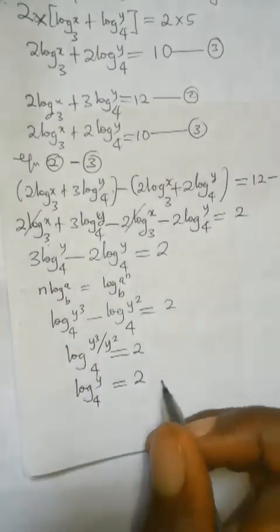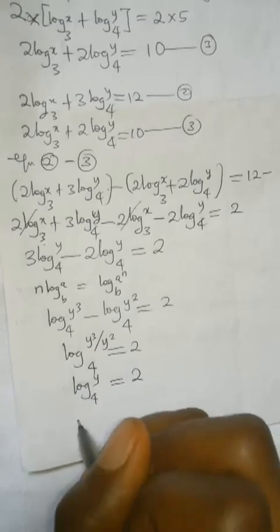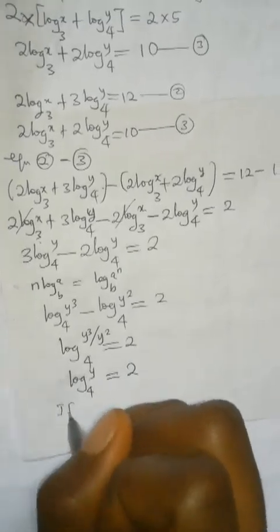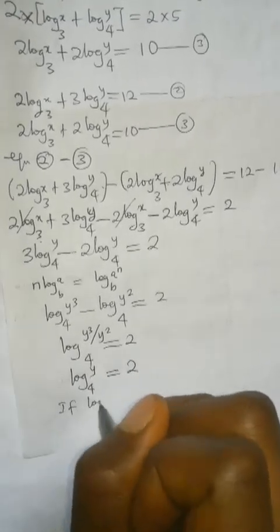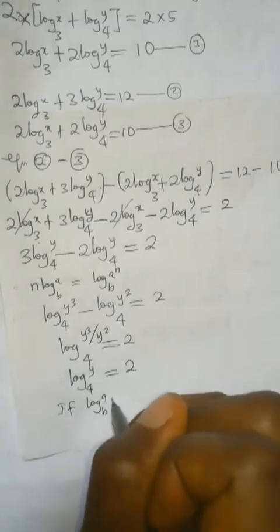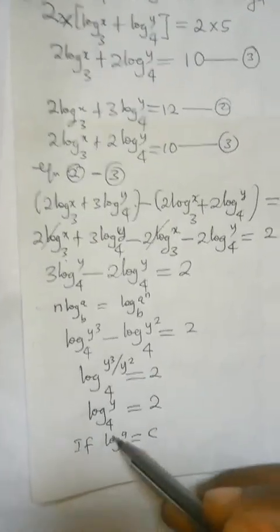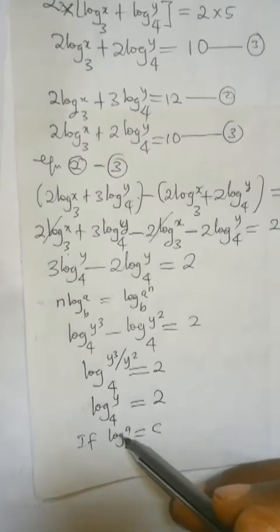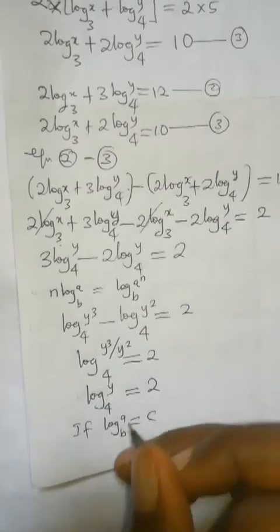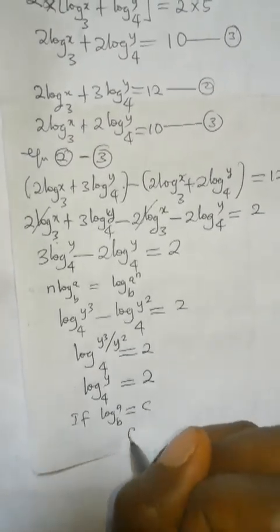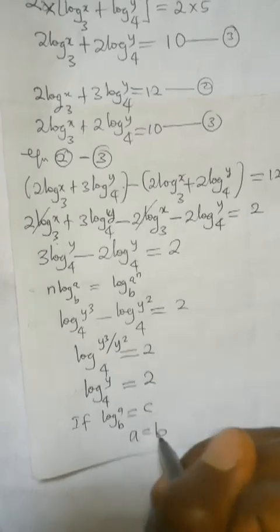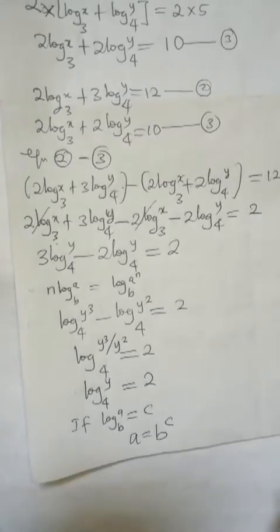And also, to do away with this log, let's say for instance we have log a base b is equal to c. If you want to do away with the log, a is going to be b to the power of c, as you can see.